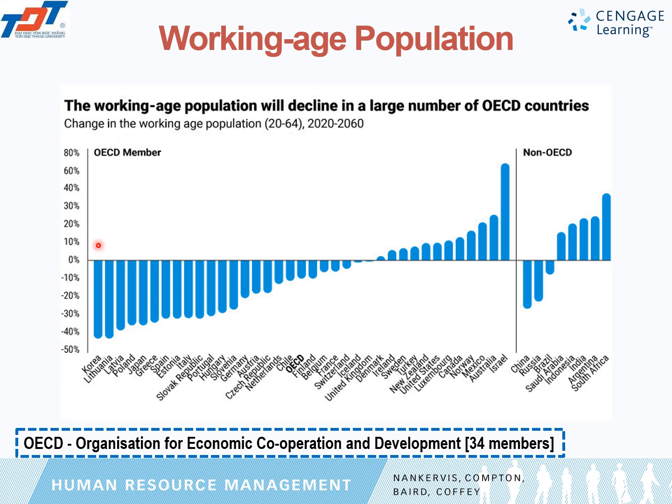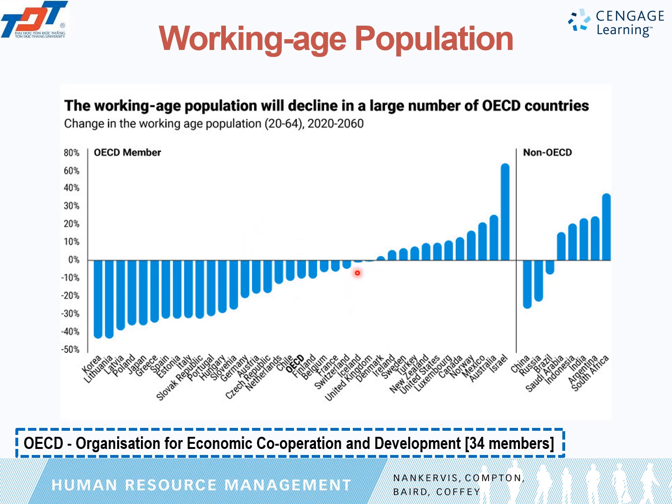Now, what this graph or figure tries to project is the change in this working age population within the next 40 years. Data is largely based on the OECD countries. OECD stands for the Organization for Economic Cooperation and Development. As of now, there are 34 member states, and almost all of them are actually developed economies.